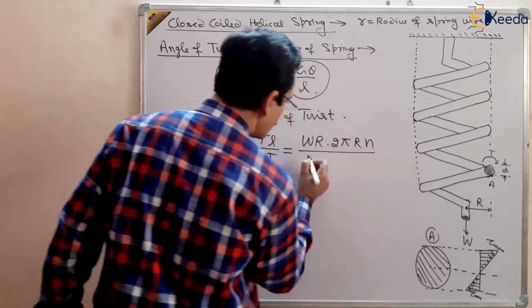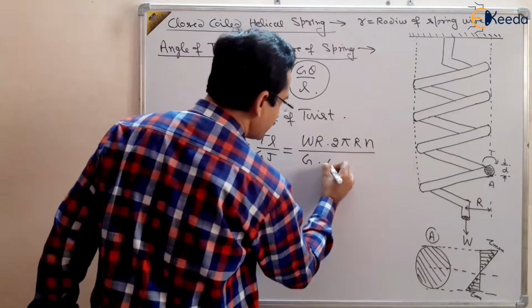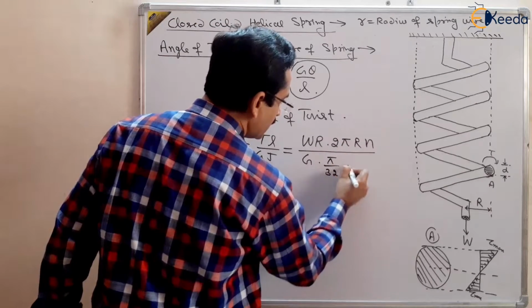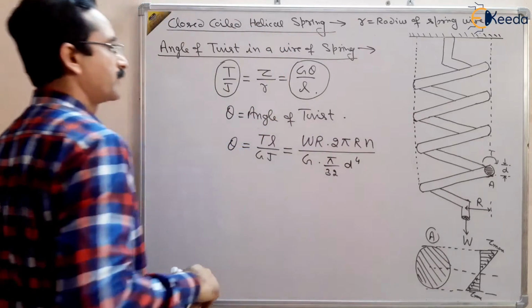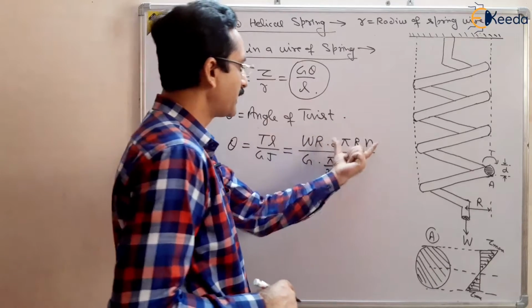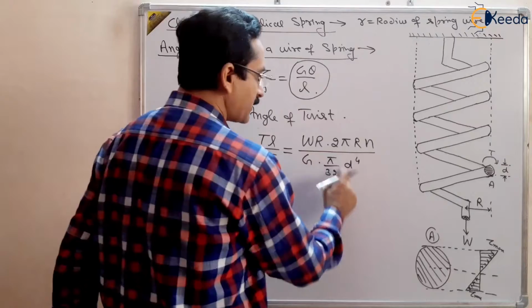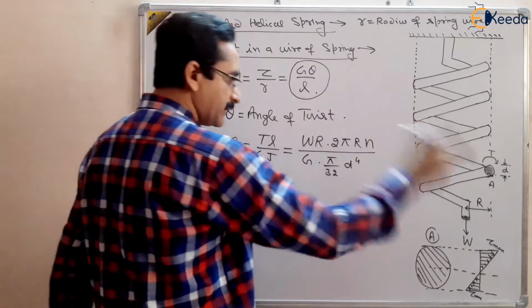Upon G, the modulus of rigidity, and J is the polar moment of inertia, pi by 32 d to the power 4, right? So torque is WR, length of the spring 2 pi Rn, G, pi by 32 d to the power 4, where d is the diameter of the wire, and R is the mean radius, right?